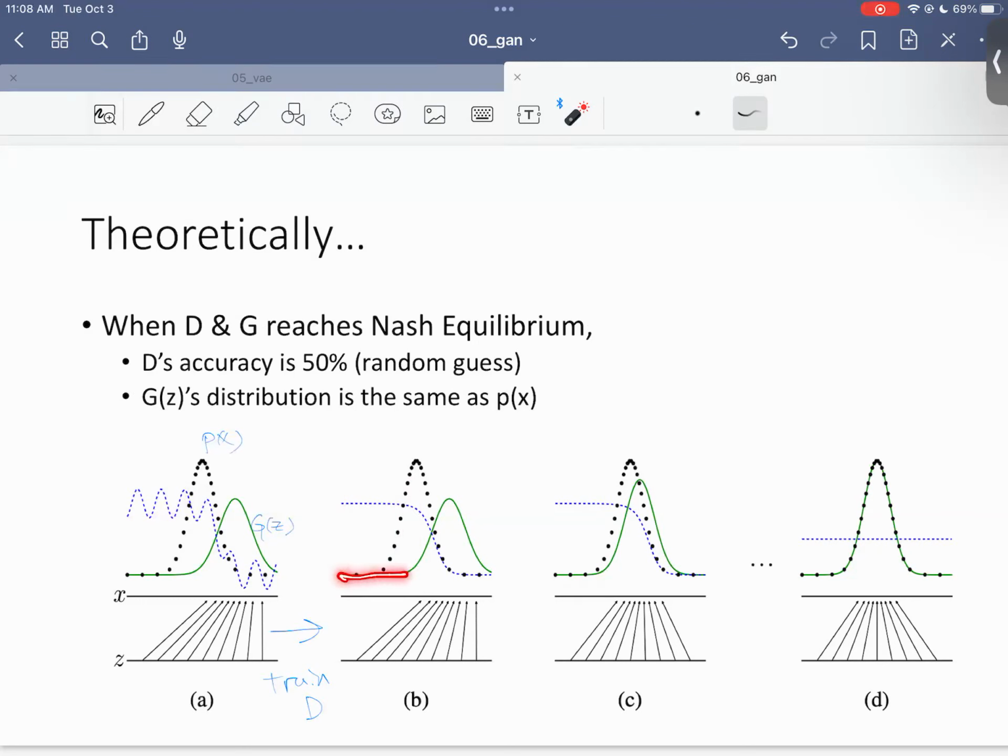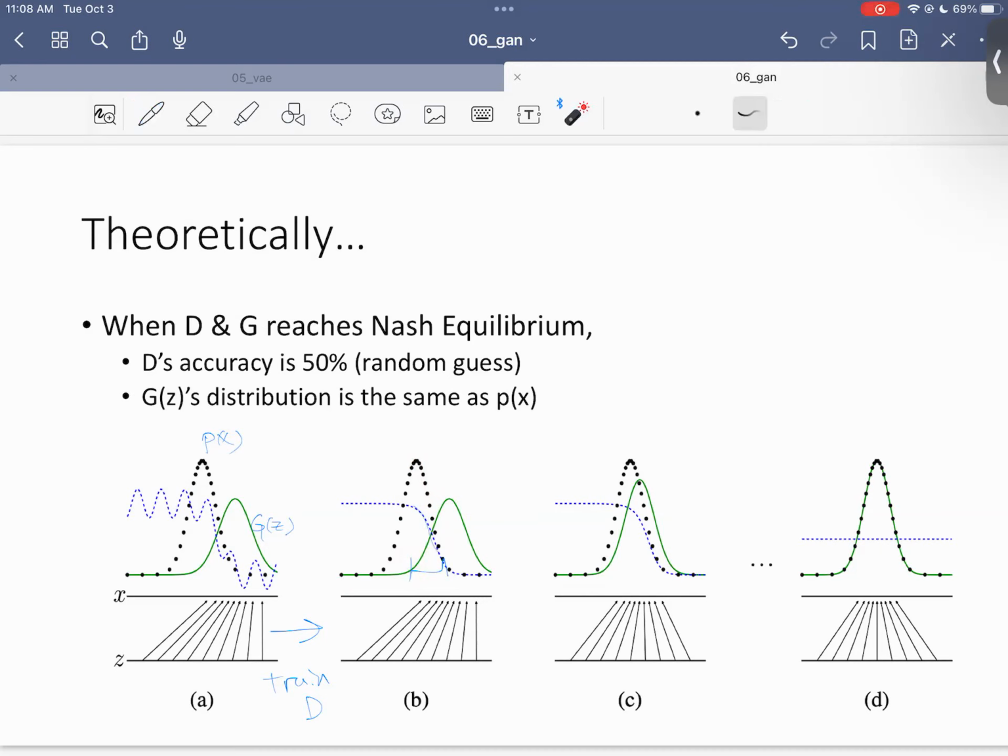there's no support in G(Z), and there are some things here for PX. So you can see that the decision boundary here is 1, but starting from here, when these two sections intersect, that is when the discriminator starts to get confused.